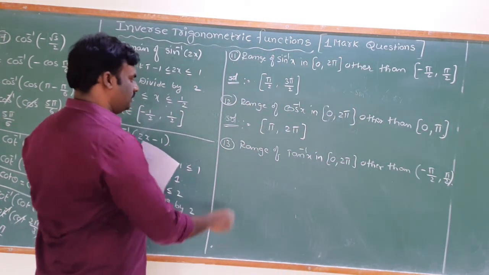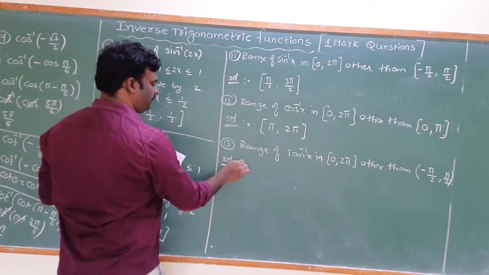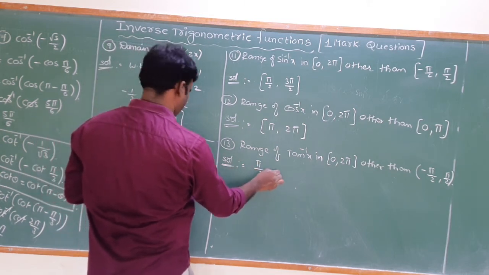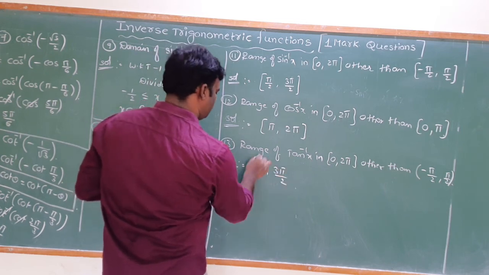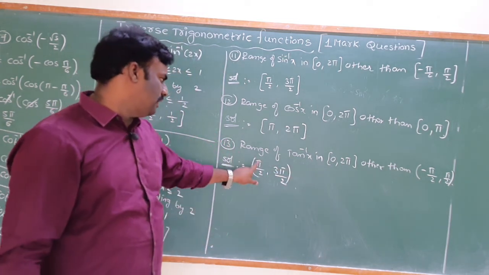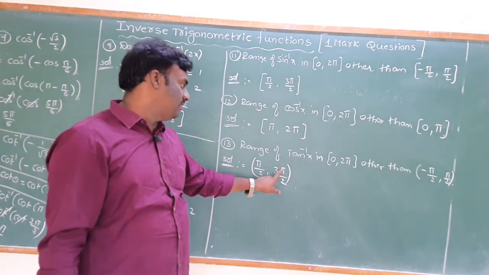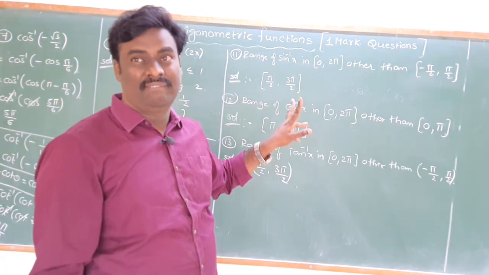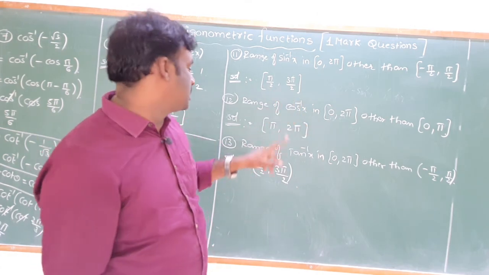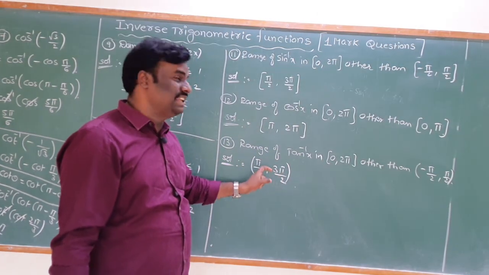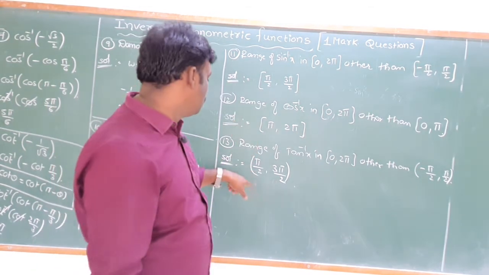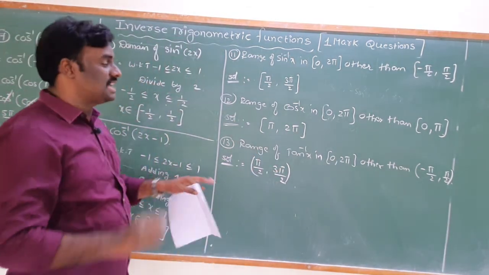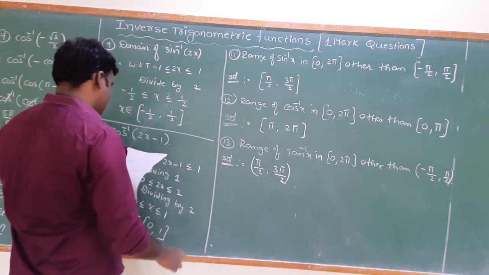Therefore, the answer will be pi by 2 comma 3 pi by 2, because tan pi by 2 is infinity and tan 3 pi by 2 is minus infinity. So minus infinity to plus infinity is nothing but the real numbers. So pi by 2 to 3 pi by 2 is the range of tan inverse x other than the principal interval.